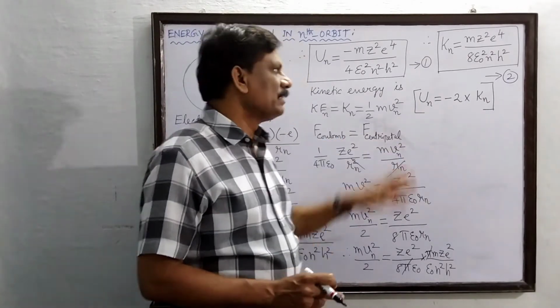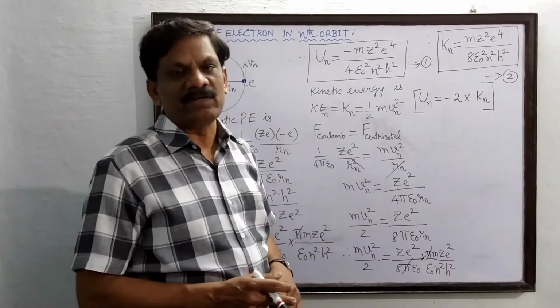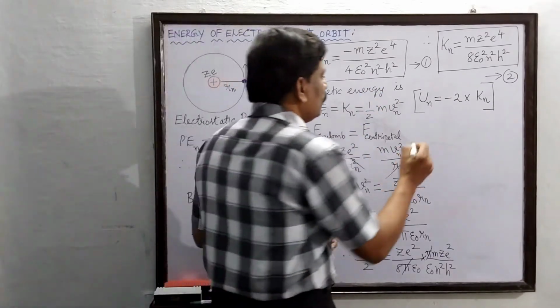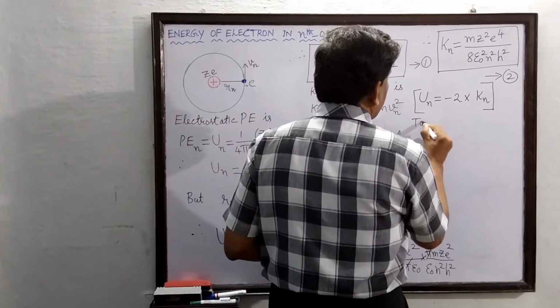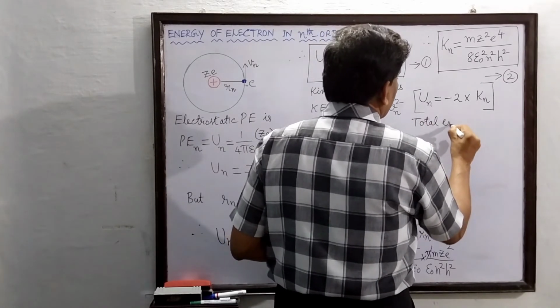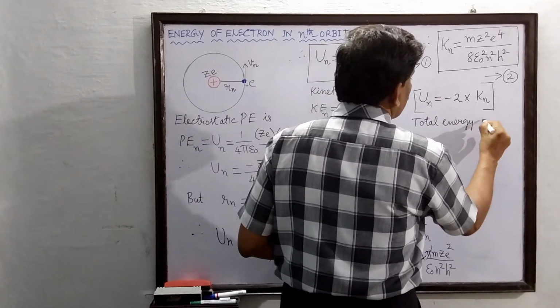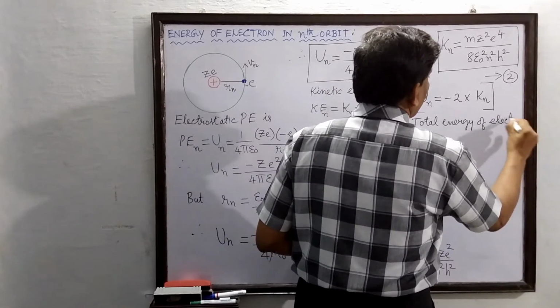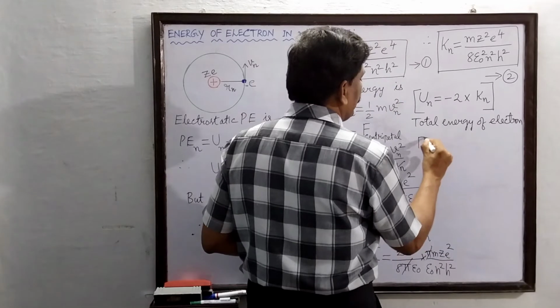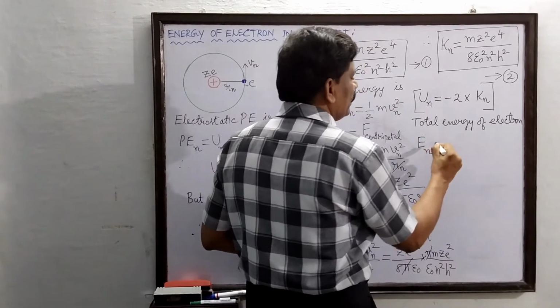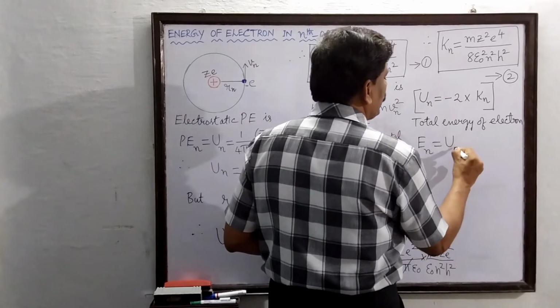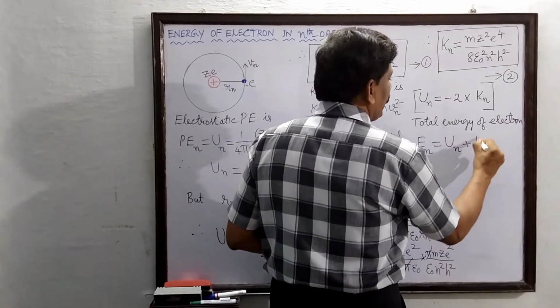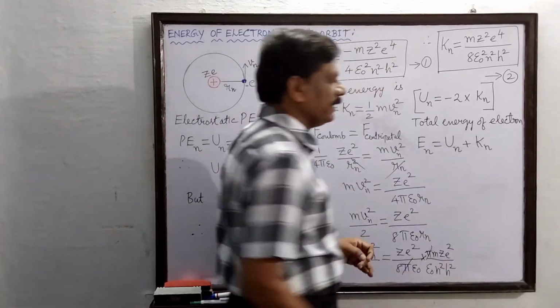Okay, students, now we want to find the total energy of the electron in the nth orbit. So I will write total energy of electron. The total energy of the electron in the nth orbit is denoted by En. So this is equal to potential energy Un plus kinetic energy Kn.